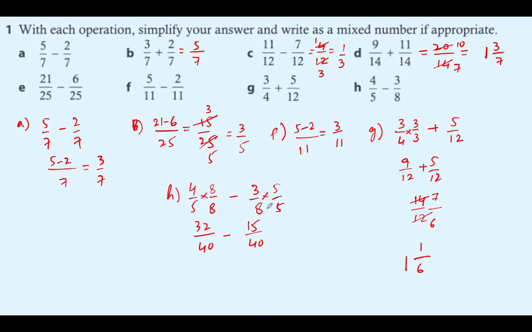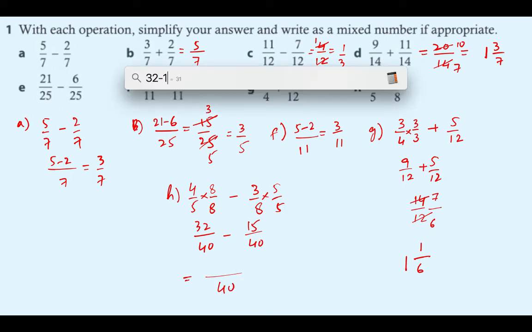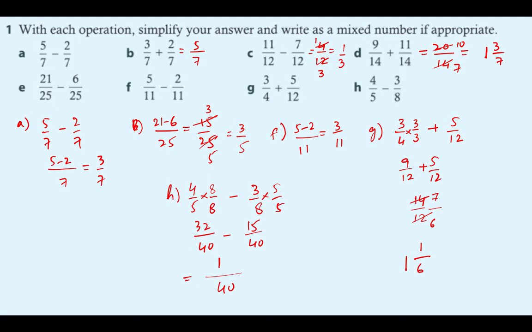Because the denominators are the same, we can just simply subtract them. 32 minus 15 is 17. So 17 over 40 is the answer.